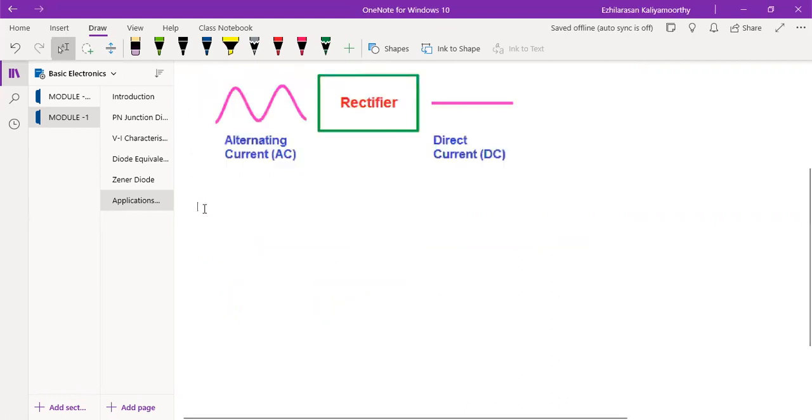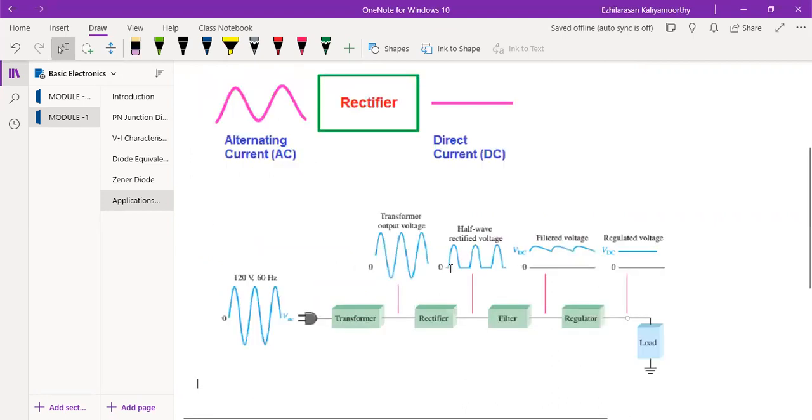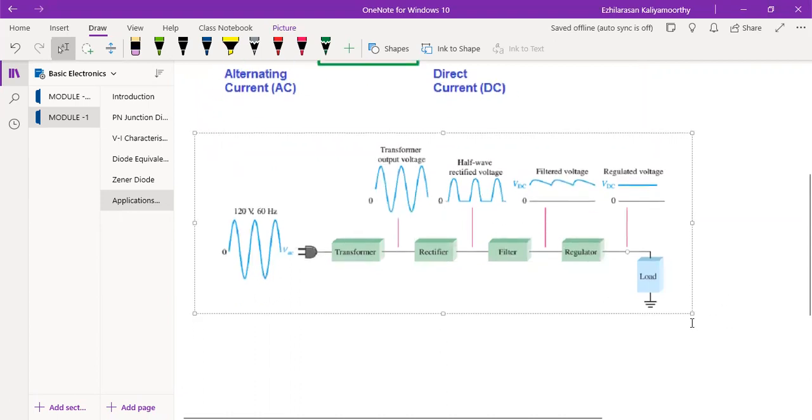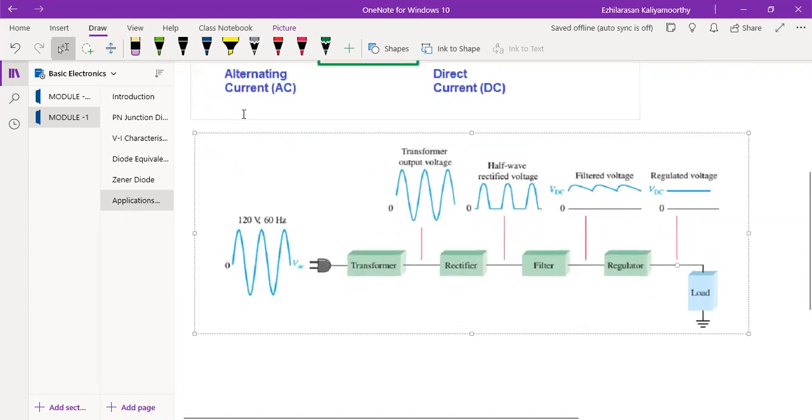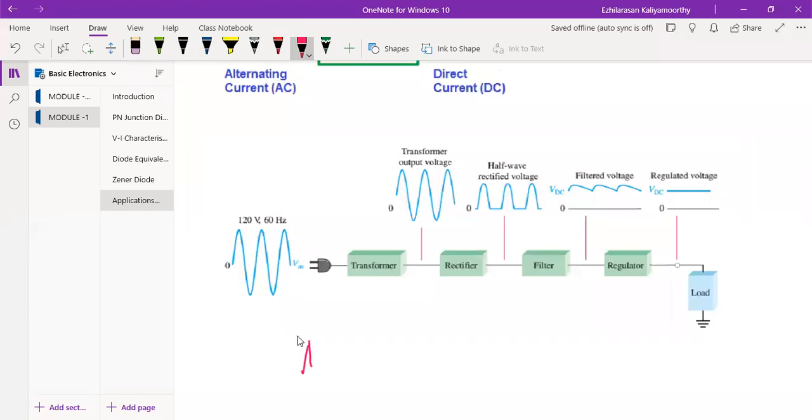Now what I am going to show is the complete circuit design of a power supply, the full power supply.